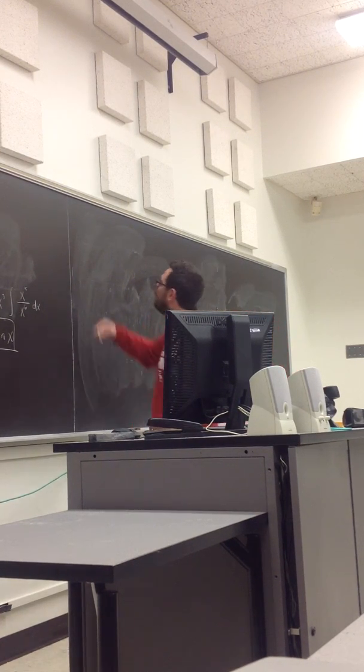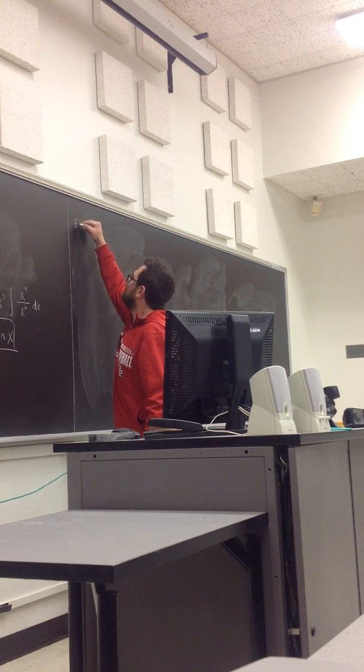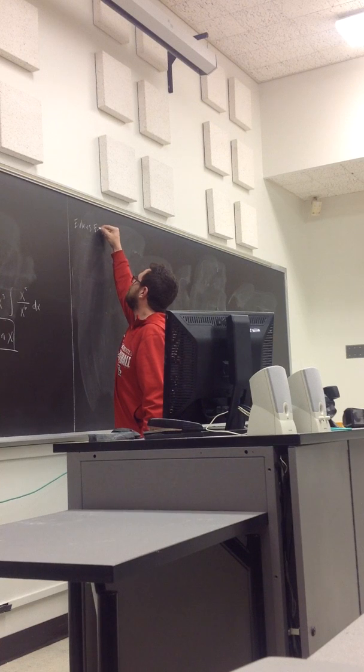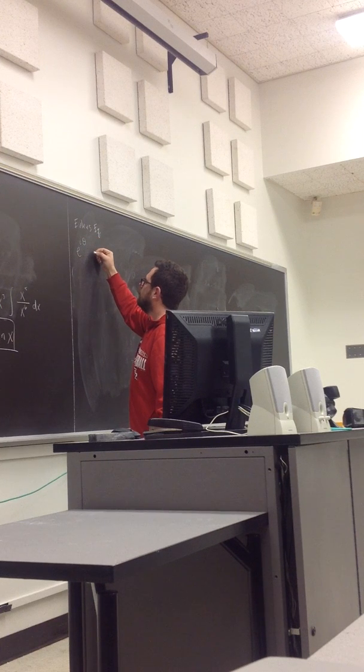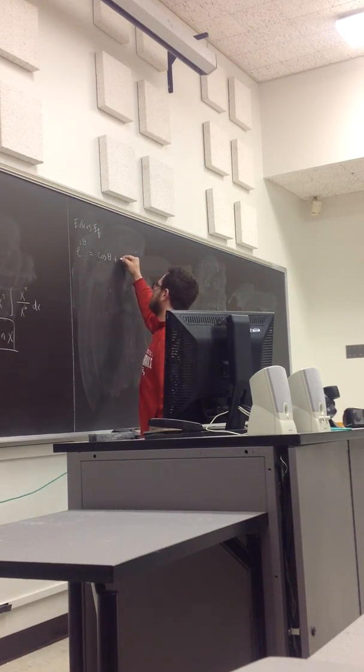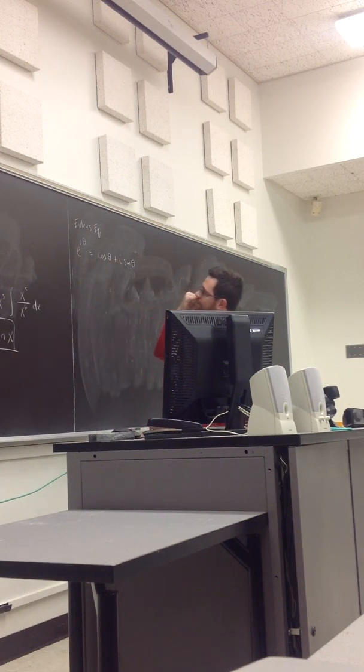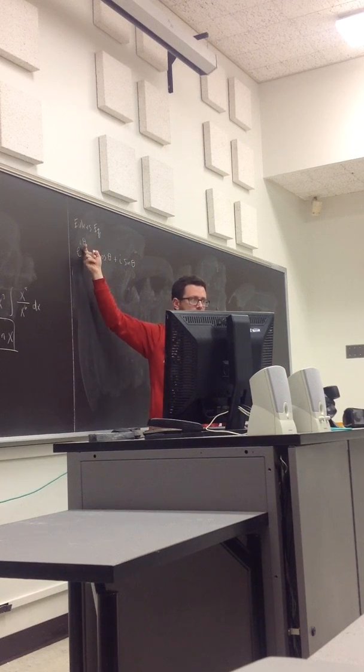All right, so it says that e to the i theta is equal to cosine theta plus i sine theta. This is for a purely imaginary exponent.